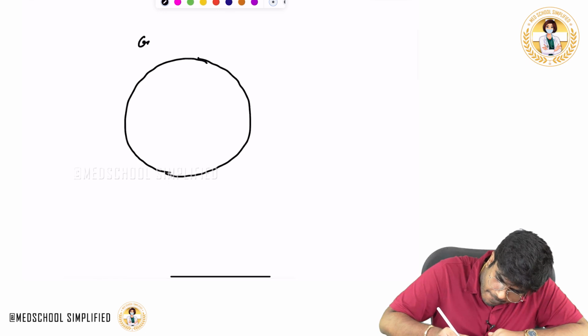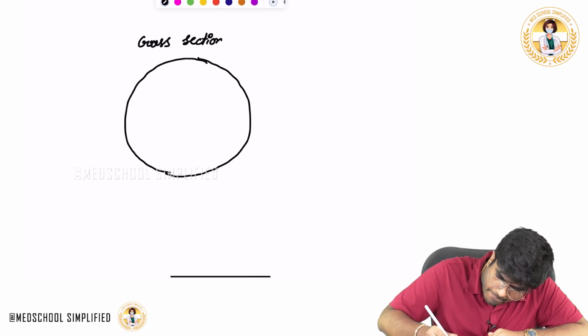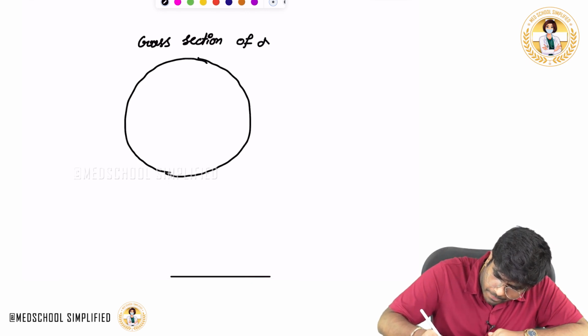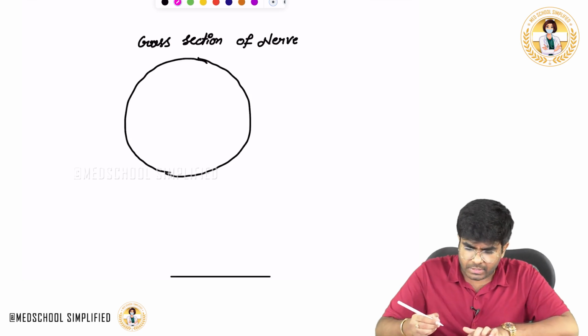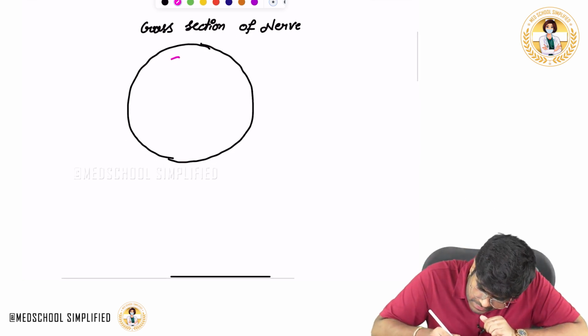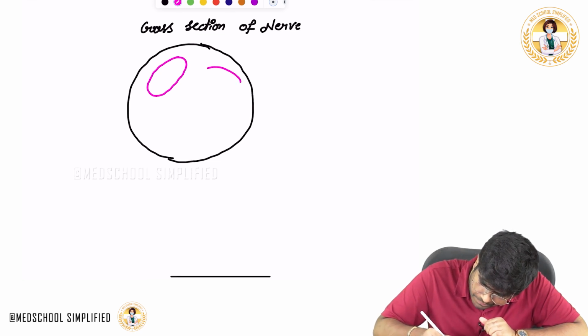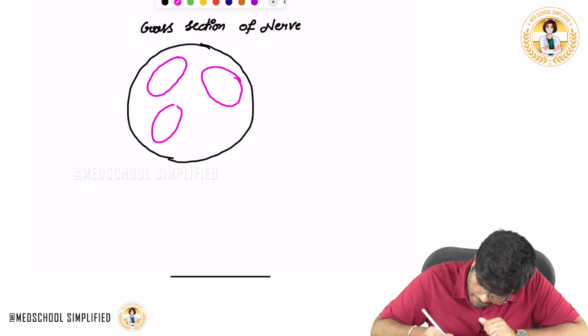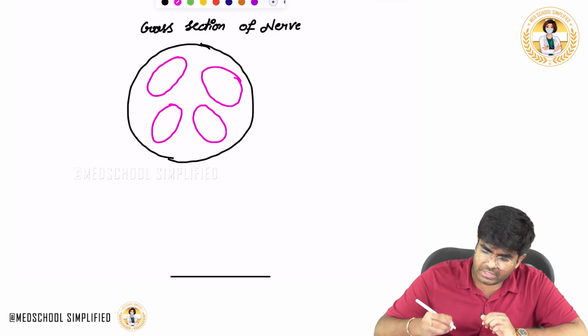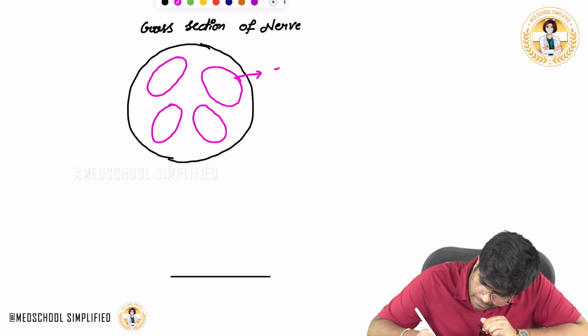Let me write here: cross section of nerve. Inside the nerves you are having these bundles. These bundles are called the fascicles.